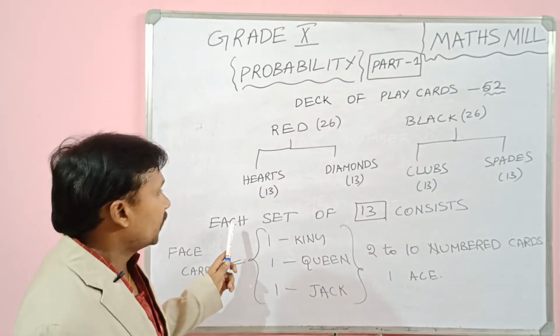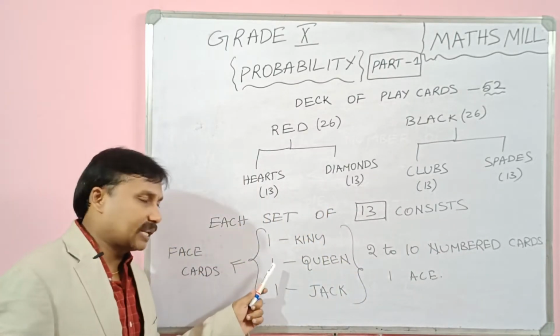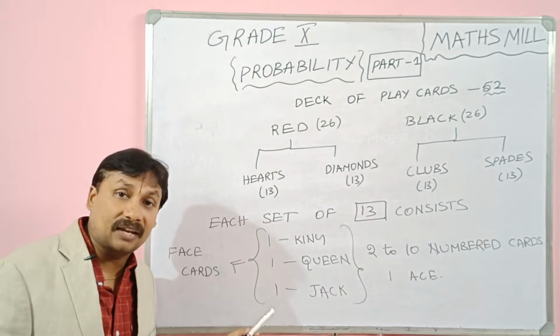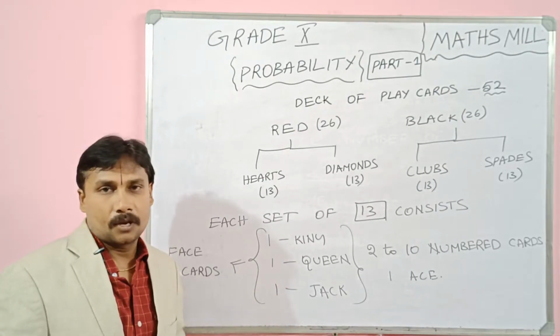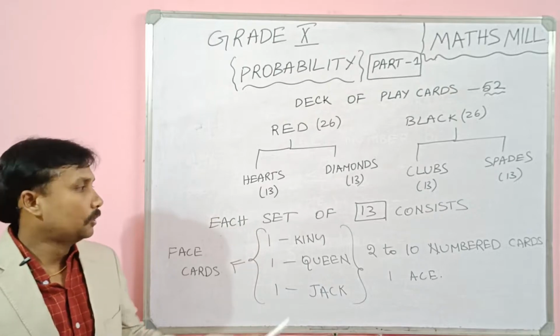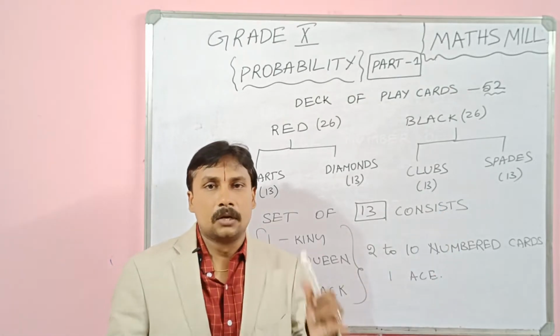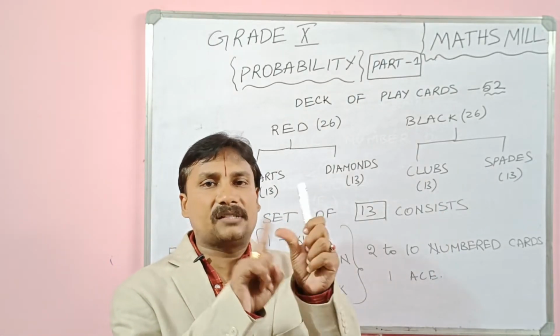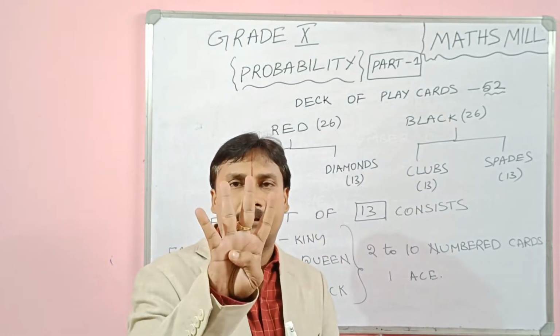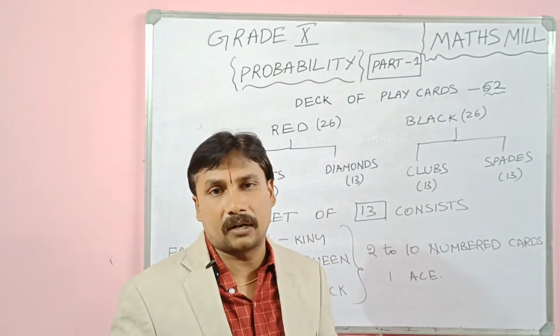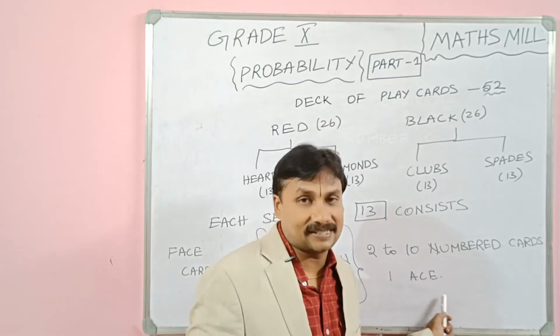Each set of 13 consists of 1 king, 1 queen, 1 jack, 2 to 10 numbered cards, that is 2, 3, 4, 5, 6, 7, 8, 9, 10, so 9 numbered cards, and 1 ace.